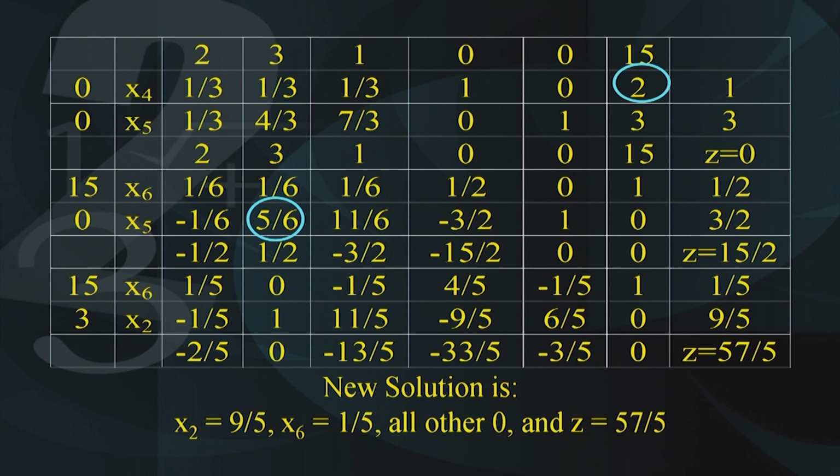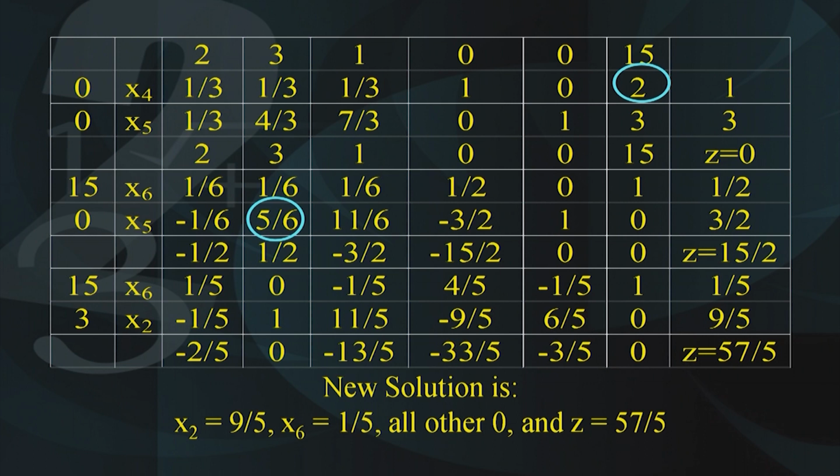Now, we have to perform the simplex calculations all over again, and this means we have to look at the deviation entries. If you look at the deviation entries, you get 2, 3, 1, 0, 0 and 15.